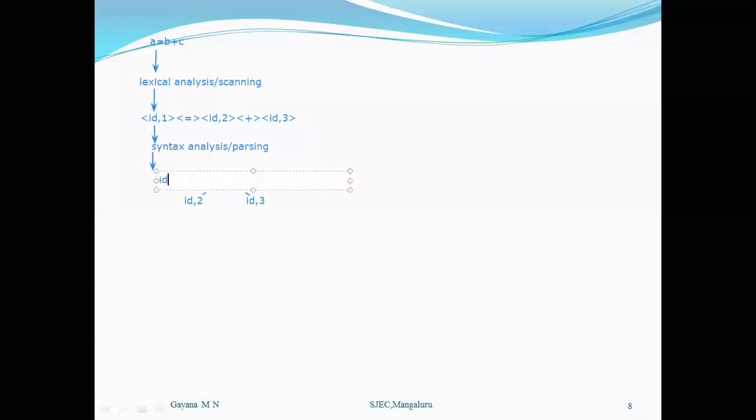ID and then 1. Fine. So what is the operation to be performed over here? Assigning. Correct. So we have assignment. Sorry, it is a single assignment operator. And then what do we do? This is the basic operation. Now this is the output obtained after the syntax analysis phase.